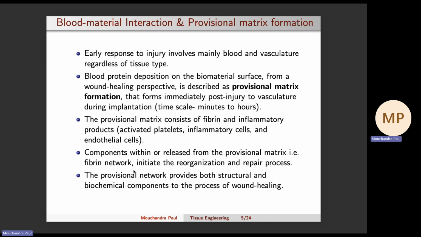So you can now understand why the provisional matrix is very important. Ultimately, we conclude that the provisional matrix provides both structural as well as biochemical components to the process of wound healing. As soon as the provisional matrix forms, it lays down the foundation for the other steps of wound healing to happen.